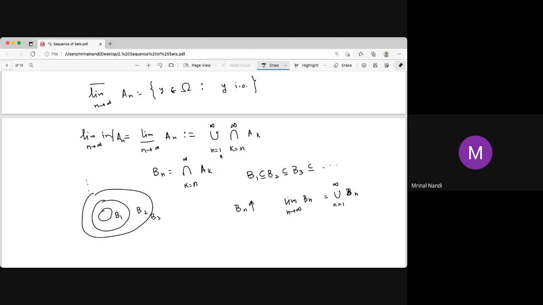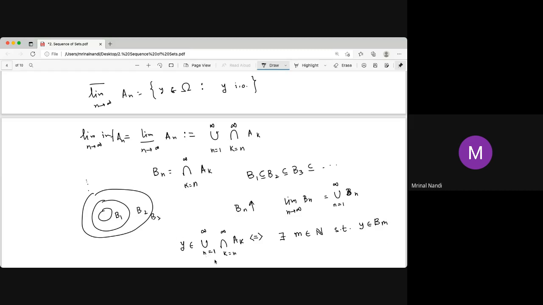Now again, what is the meaning of this? If some y belongs to this union of intersections, what is the meaning? Since it belongs to the union, that means there exists some natural number m such that y belongs to B_m.